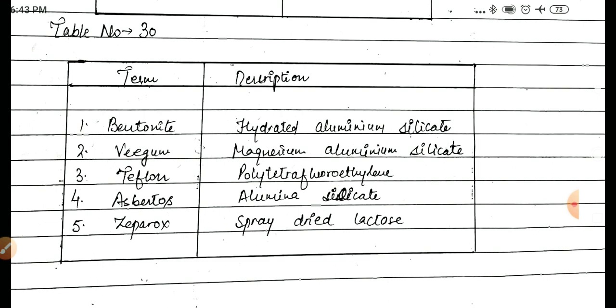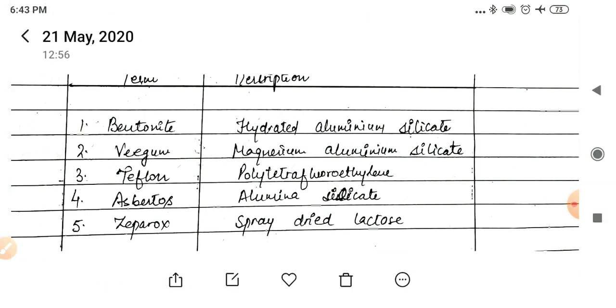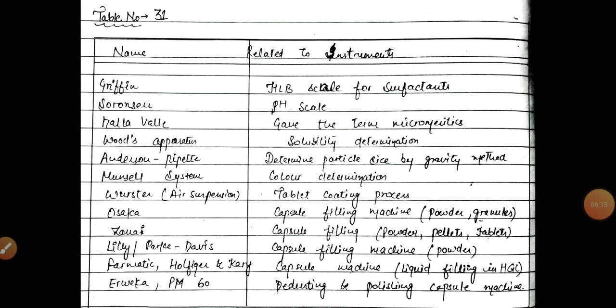Next one is table number 31, which has names of some equipment or apparatus mentioned according to the names of scientists. Like Griffin, I already told you, describes the HLB scale for surfactants.